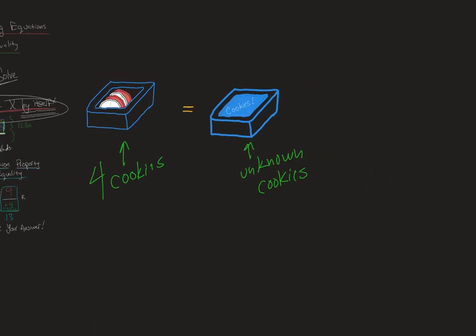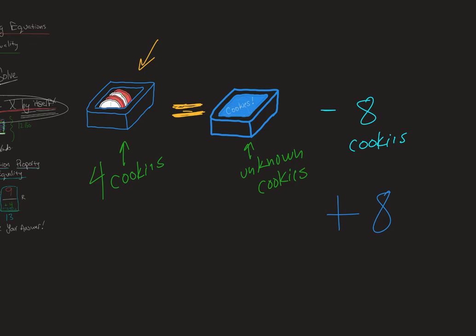So what if I told you that, hey, listen, if we were to subtract, let's say, 8 cookies from this box, it would be equal to that box. Well, if that's true, then this is where the addition property of equality comes in.